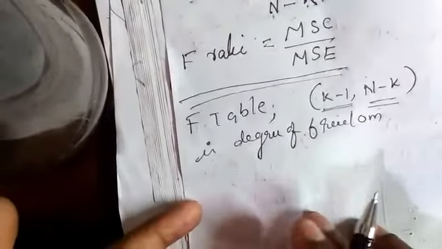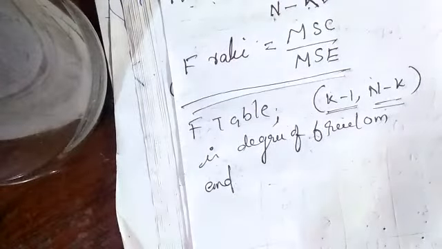Next you can find the table value. For the F table value you need the degrees of freedom. Degrees of freedom is K minus 1 comma N minus K. You can take the level of significance given in the problem.